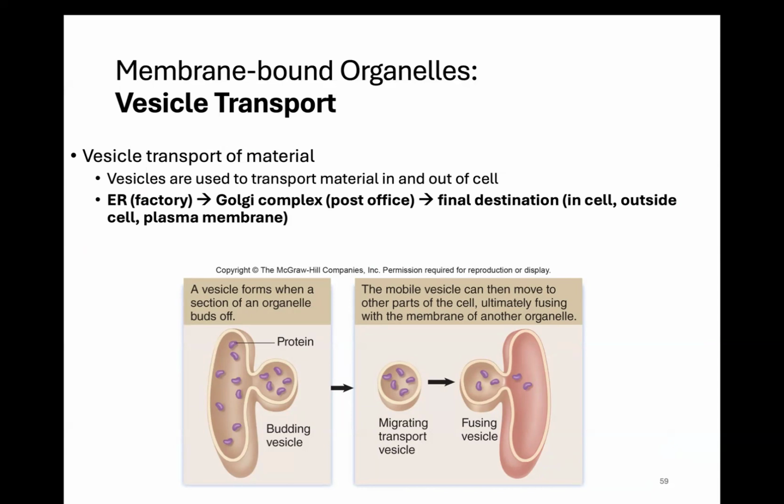Golgi tags them to go wherever they need to go, and then into a vesicle. So maybe if you have a membrane bound protein that needs to be made, it will be made on the rough ER, and then it will go to the Golgi complex where it will get tagged to go to the membrane. It will be put in a vesicle and it will be told to go to the cell membrane.